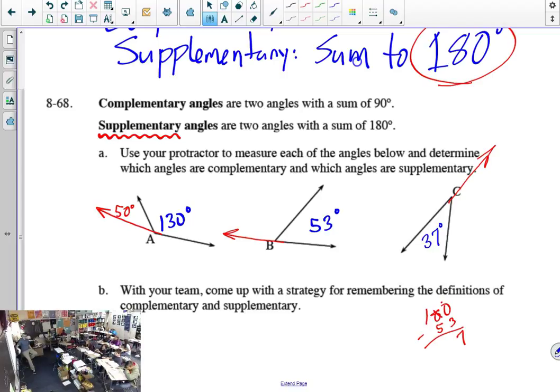Borrow. Seven minus 5. So we get 127 over here, right? They need to add up to make 180.